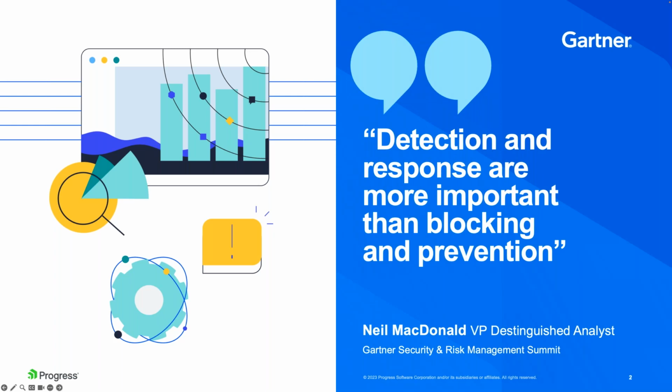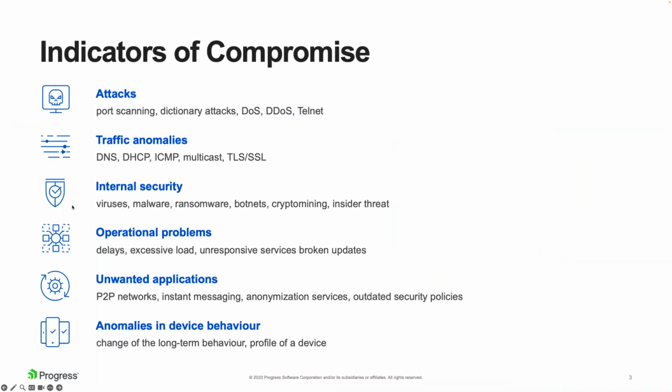And attackers are always one step ahead, and we need to be looking for symptoms and early indicators of compromise rather than only searching for known viruses, to be ready to reduce the risk and to be able to respond. Such indicators of compromise could be different types of attack, like scanning for open ports over the network, or trying dictionary attacks or brute force attacks to break the password, denial of service, or anomalies that differ from what we expect from protocols such as DNS and others.